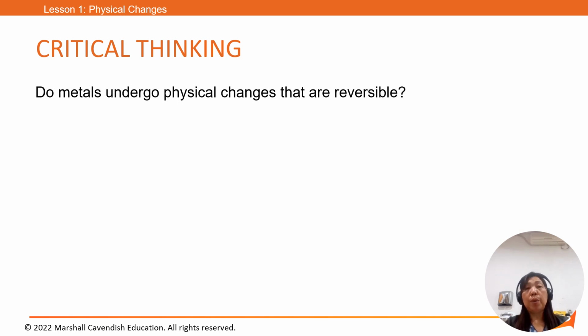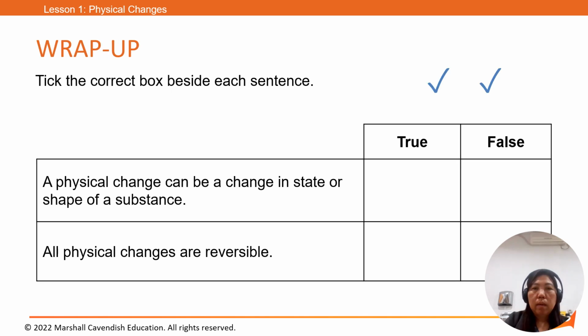But if you put it in a special container to shape it back into metal, like when we are making utensils and so on, it will become metal again. So that's why we are saying that the physical changes in metals are reversible.